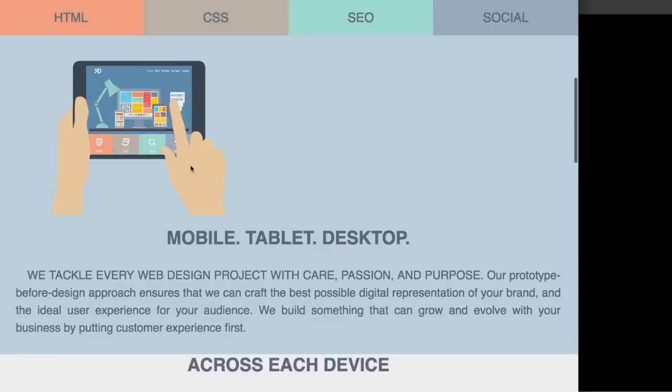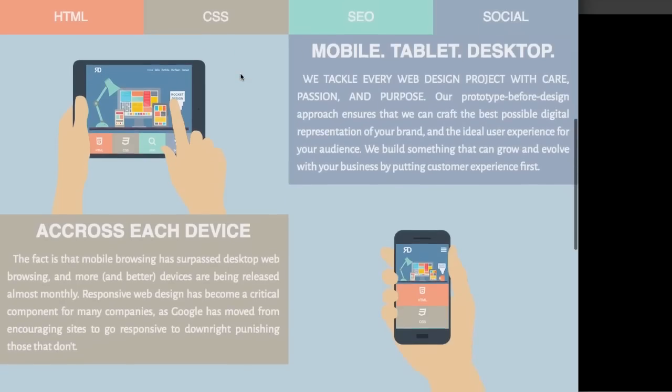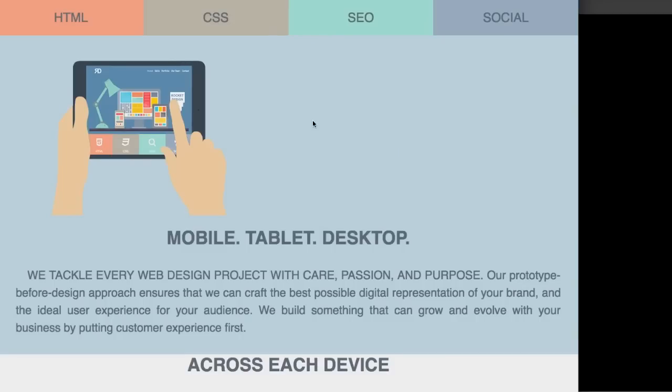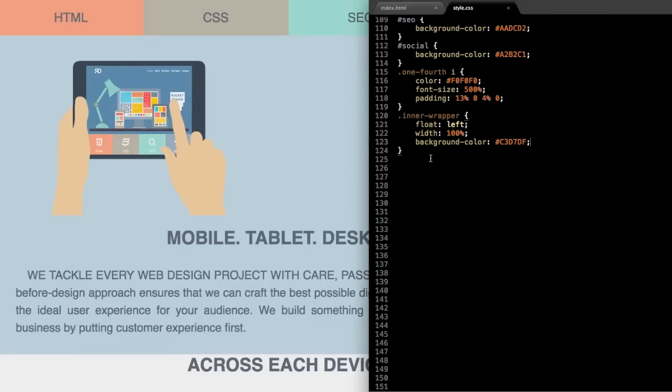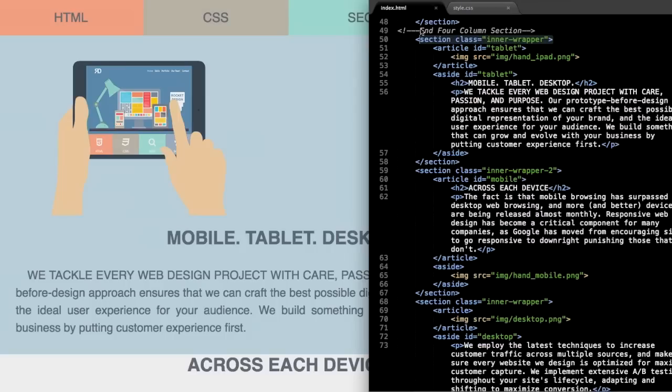Okay, and then if we refresh, there we have that light blue color, similar to the original here. So this inner wrapper that we're styling is going to have the article and the aside tags sitting within it, where we have the image on the article side in this case, and then the text on the aside tag.